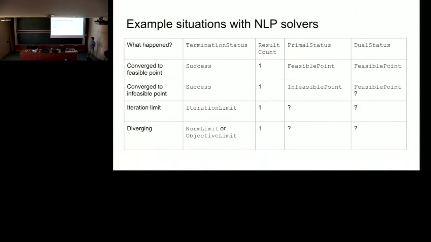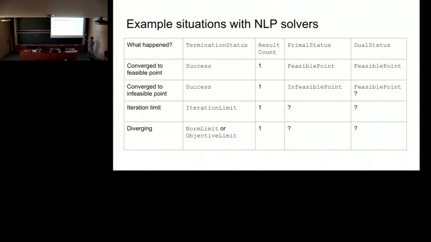So for NLP solvers, let's say you've converged to a feasible point by some local gradient descent. We would call this success. Not just converge to a feasible point, but converge to, let's say, IPOpt's convergence criteria.